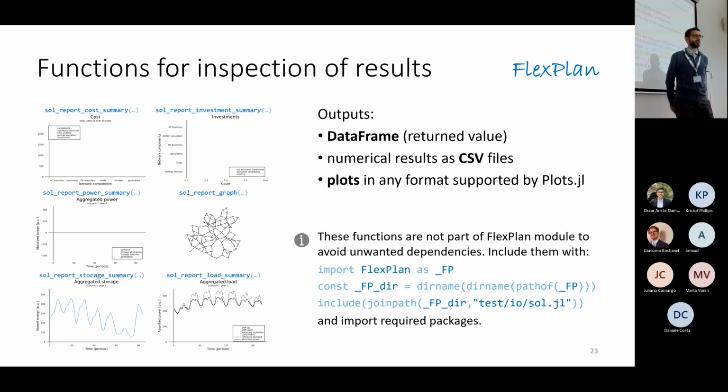These functions were developed for ease of debugging, and they are included in the package, but not in the main module of the Julia model, in order to avoid unwanted dependencies. But they can be imported and used.